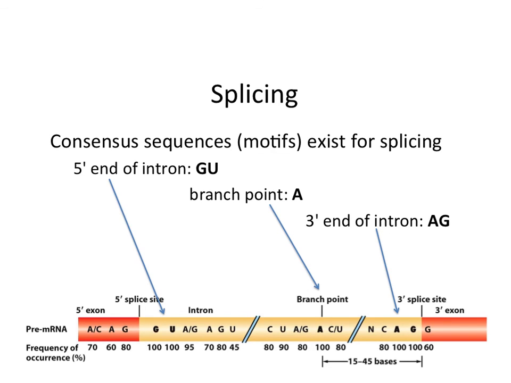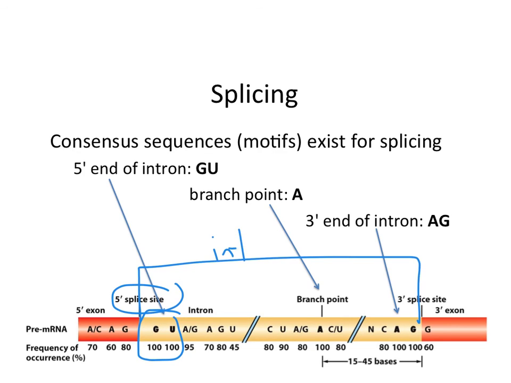So here's how the cell knows what is an intron. It's similar to the promoter. There are consensus sequences. At the 5' end of every intron, this is the part that gets taken out, this whole thing right here is an intron. The 5' end always starts with a G and a U. Those numbers below the G and the U are the percent of time those nucleotides are found at the start of an intron.